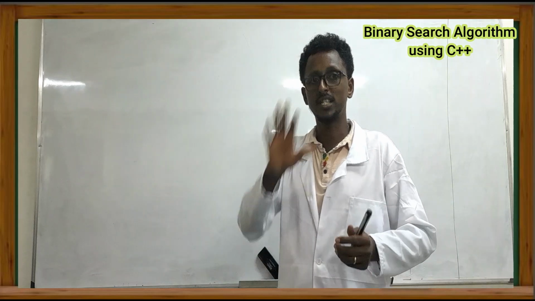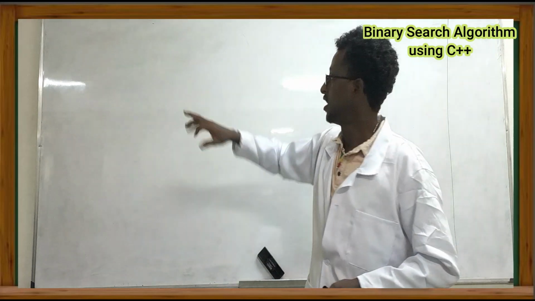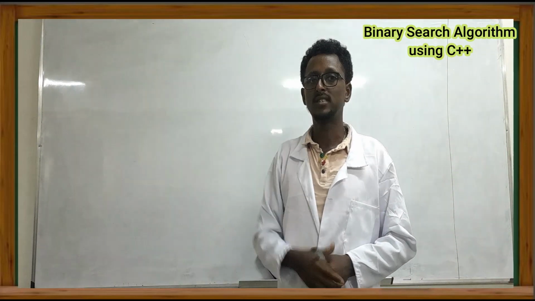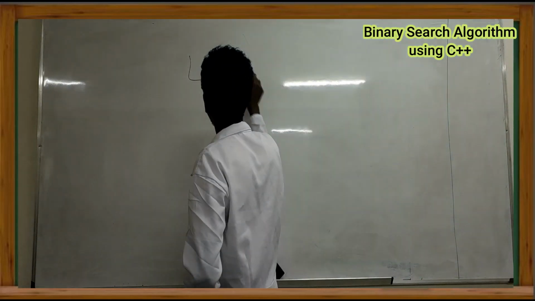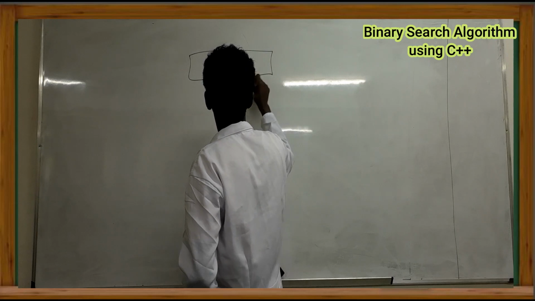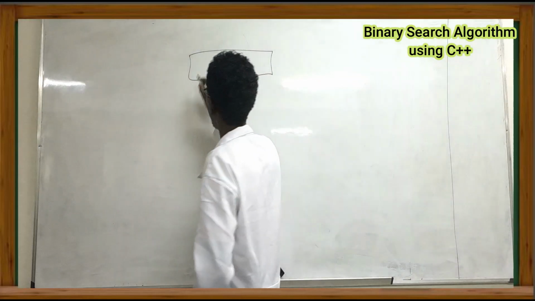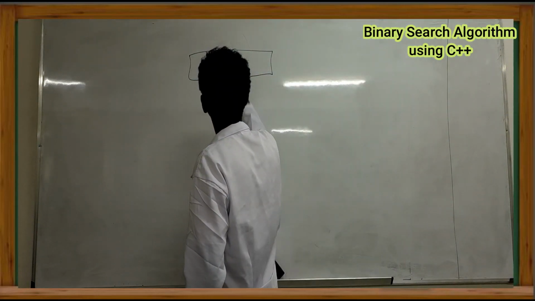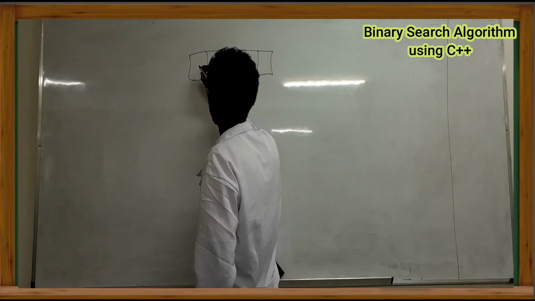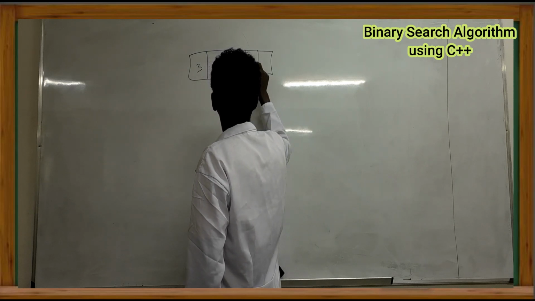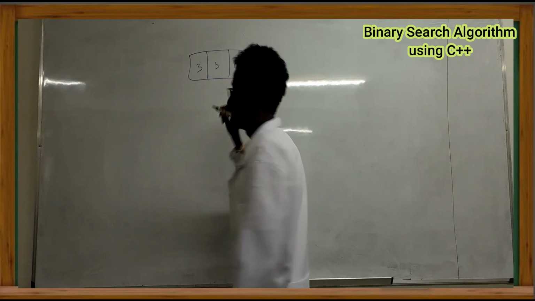So by default, assume your array is sorted in increasing order, like this one. Assume this is a list of arrays in increasing order. The array may contain, assume, 5 elements: 3, 5, 6, 8, 9.